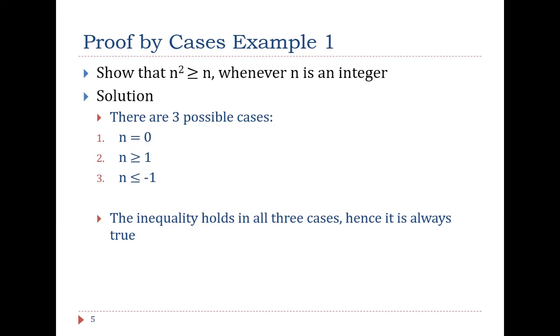And this gives you that n times n is greater than or equal to, once again, 1 times n. Which gives you the same result, that n squared is greater than or equal to n.